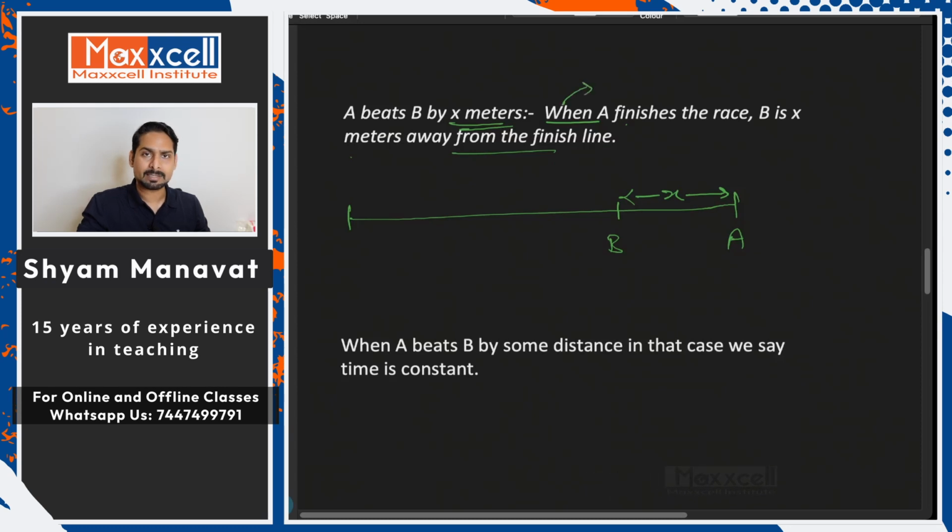This when, W-H-E-N, always refers to time. When did you join the class? It refers to time. When did you reach home? It refers to time, right? So when always refers to time.